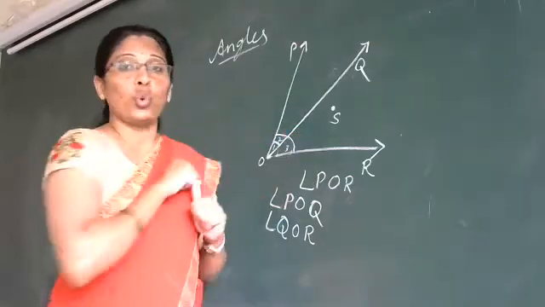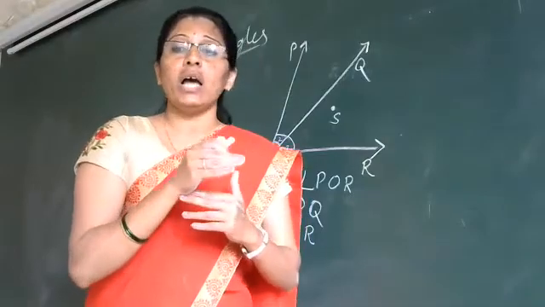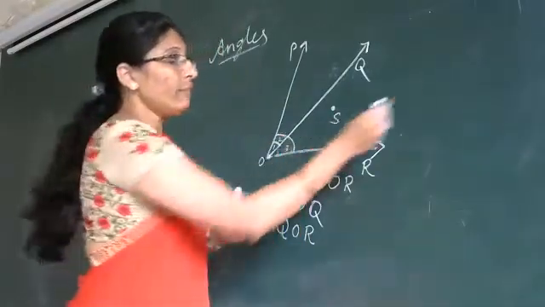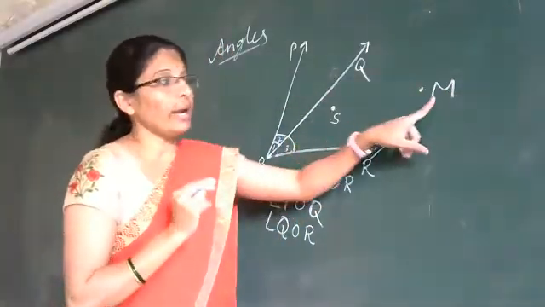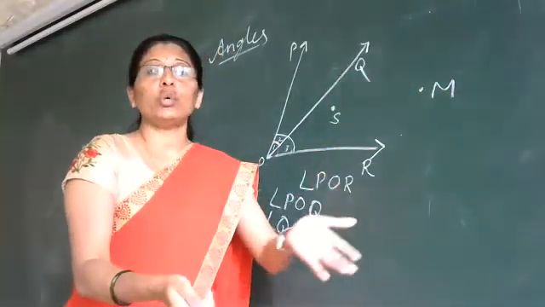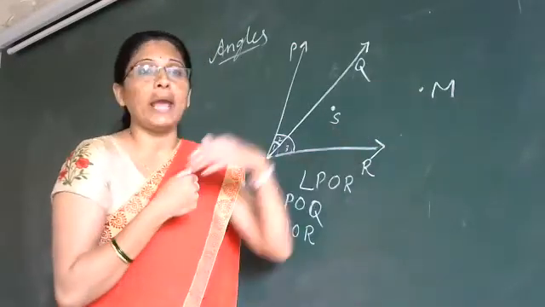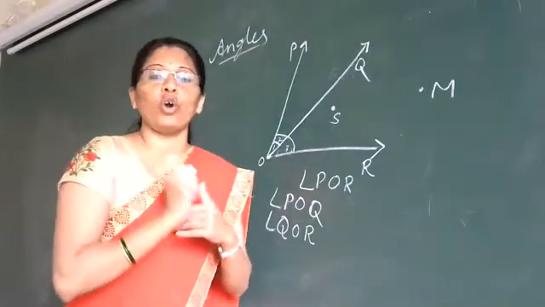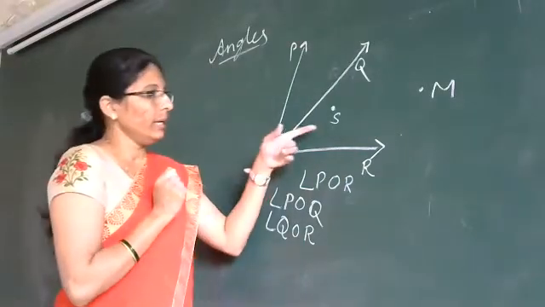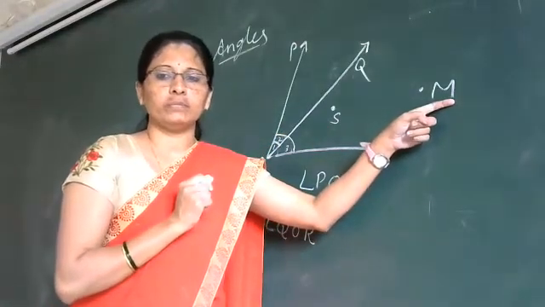So this point is known as the interior of an angle. If I write a point M, this point is outside. So it is known as the exterior of an angle. So point M is lying in the exterior of the angle. Interior, exterior. Got it?